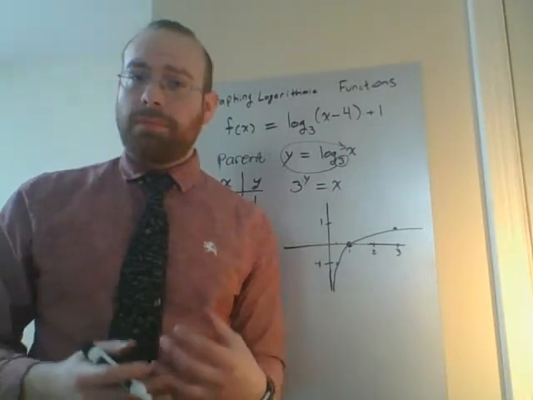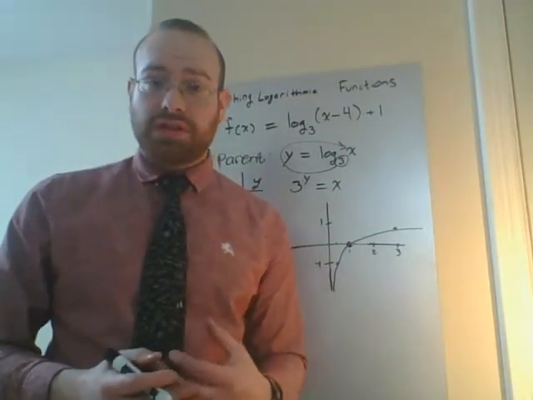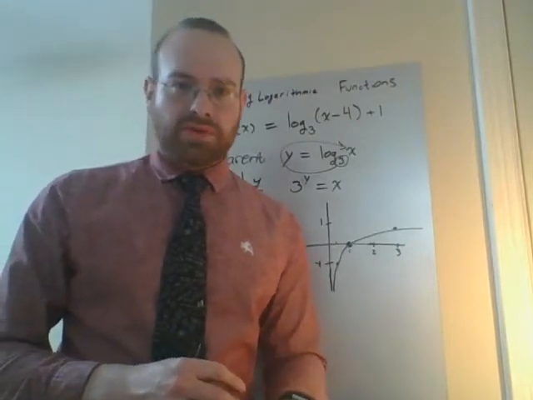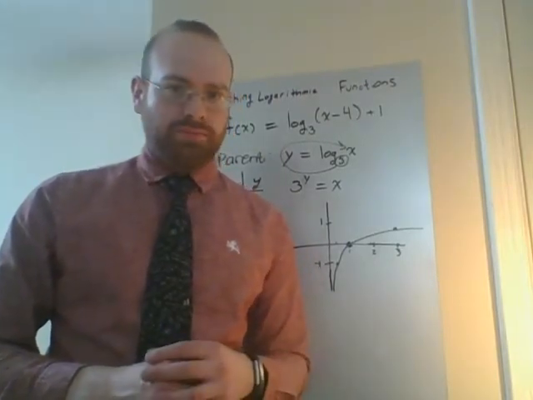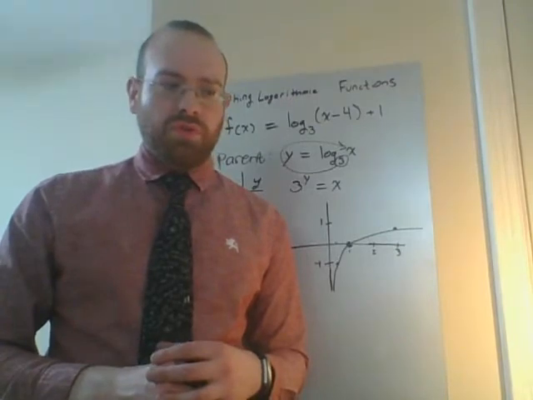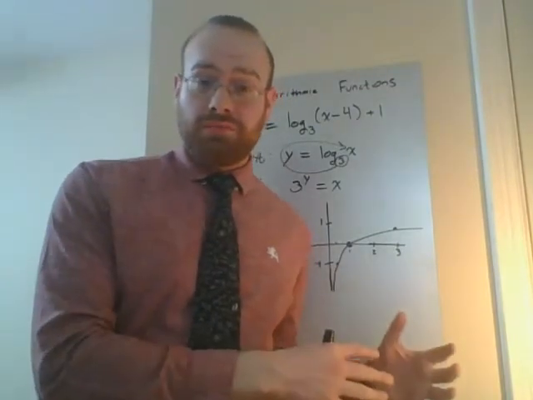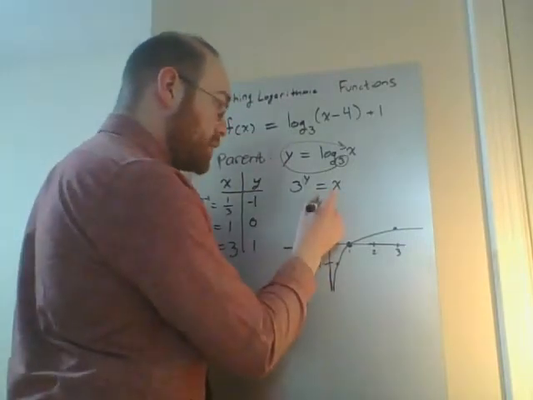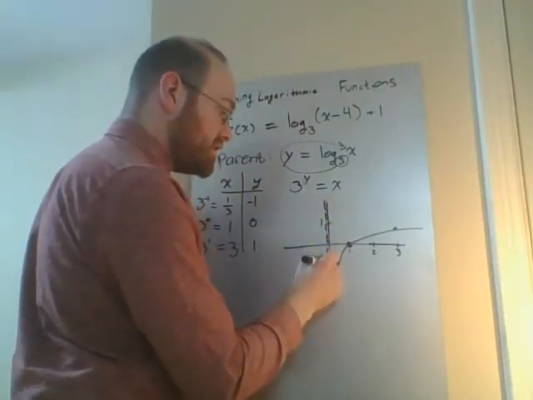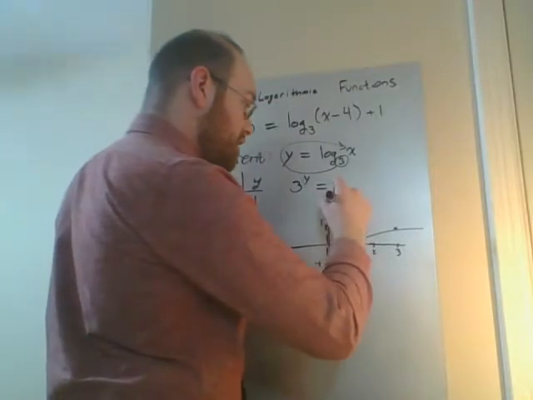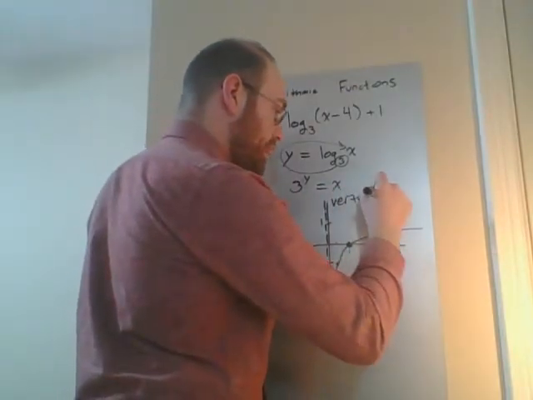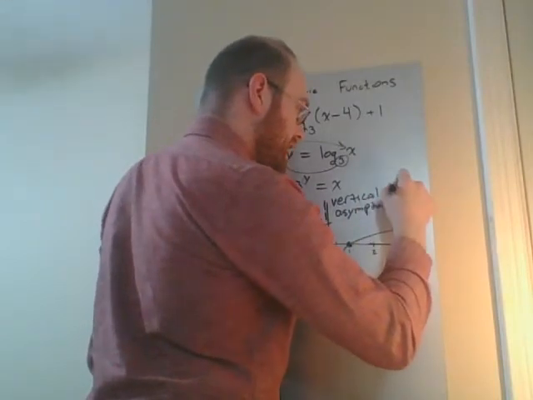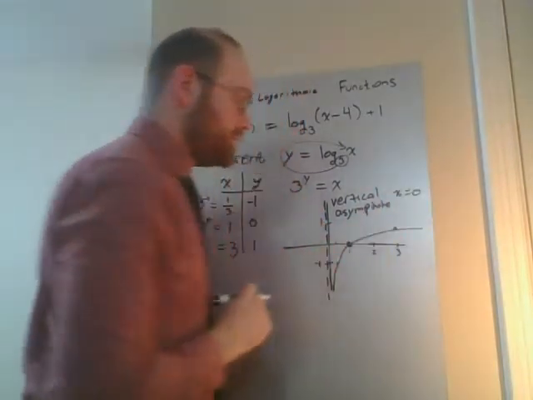Now, if we remember the relationship between exponents and logs, they're inverses. And when we make an inverse, we switch the x and the y's. So everything that was horizontal before is going to turn vertical, which means our logarithmic function has a vertical asymptote at x equals 0.